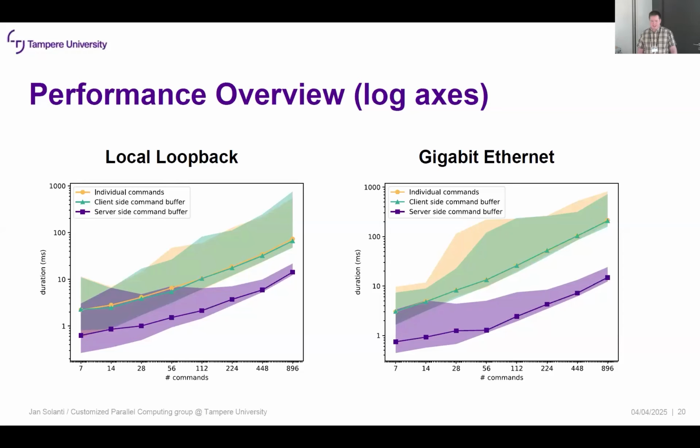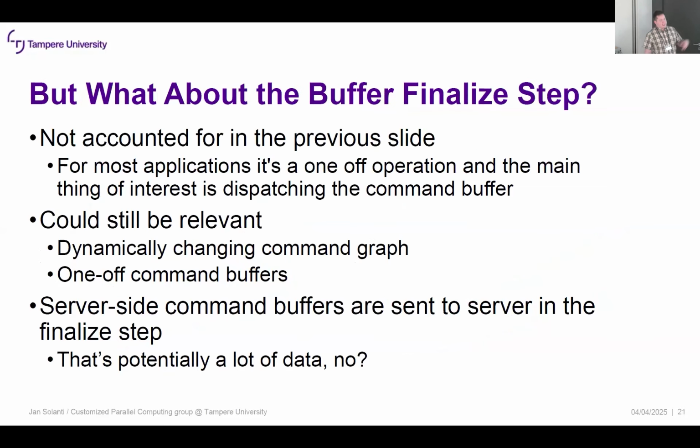And if we instead construct the server-side command buffer, then the runtime depends a bit on the network speed. With a gigabit Ethernet, we're looking at like one order of magnitude faster. But that is only for enqueuing the command buffer.